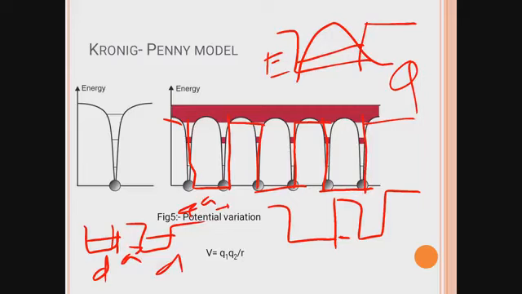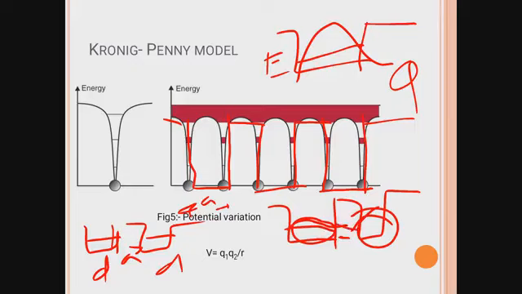The wave tails interact with each other, and gradually the wave of this first well overlaps with the wave of this second well.